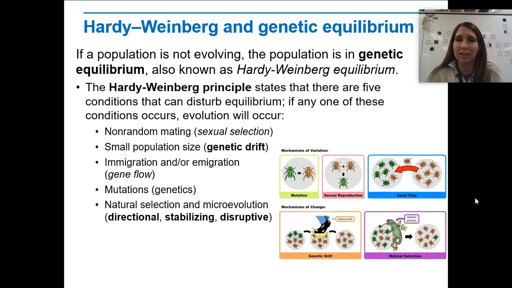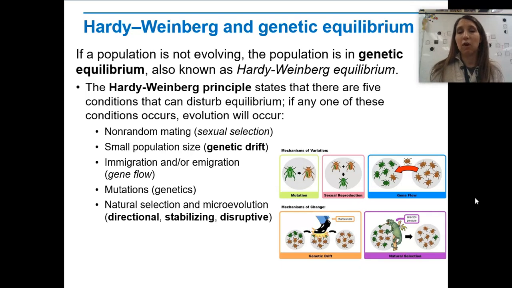But the idea, again, is that if sexual selection, genetic drift, gene flow, random mutations, and then microevolution, if those conditions are present, any one of them at a single time, then that would say that we have evolution occurring. Okay.